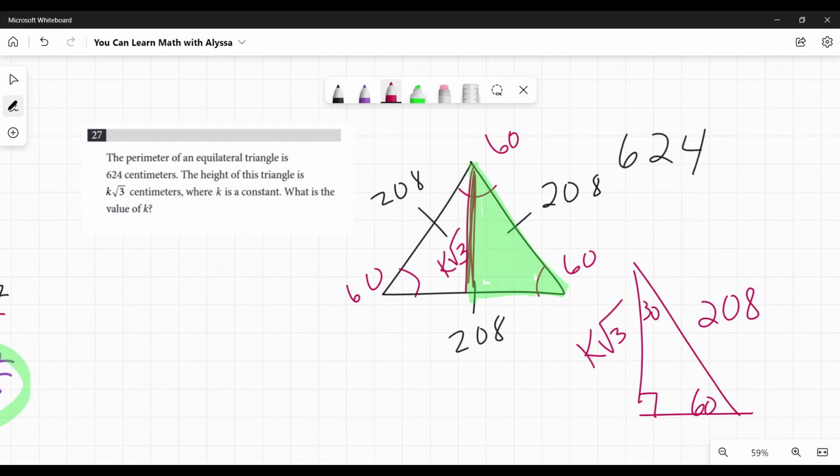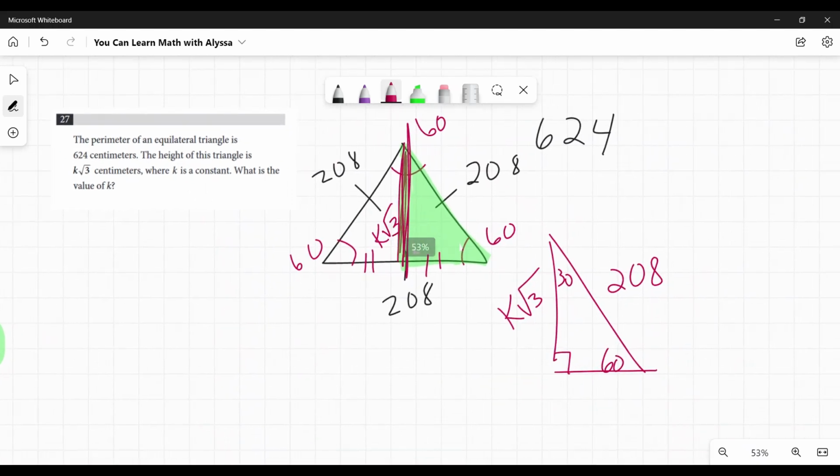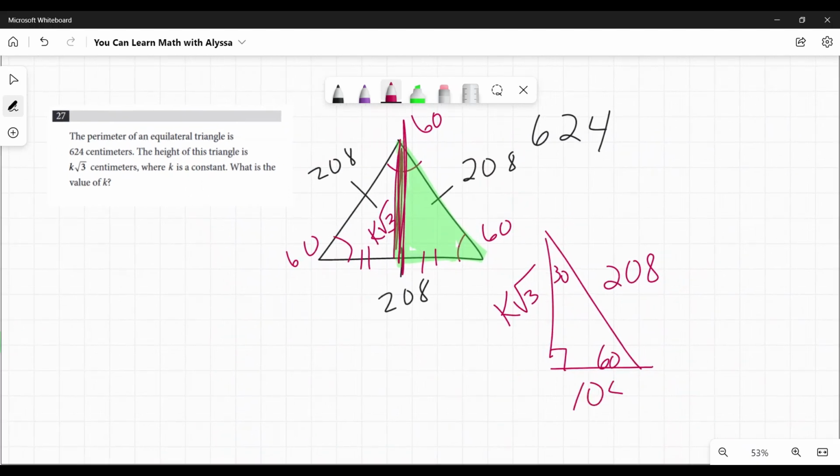Now, 2 ways you can get this bottom side here. One, you can say, all right, this is coming down. It's dividing this in 2. So these are 2 equal sides there. 208 divided by 2 is 104. You also can just get that from knowing that your 30, 60, 90 triangles are in the form of x, 2x, and x square root of 3.